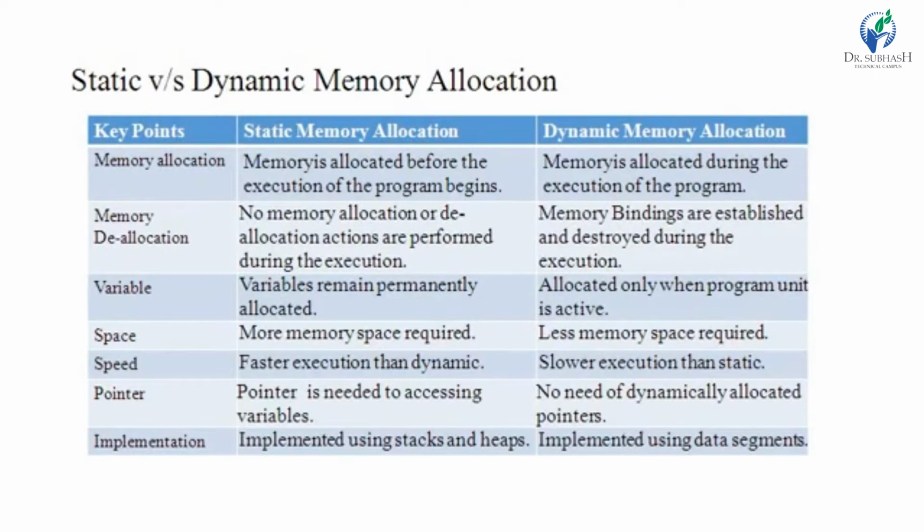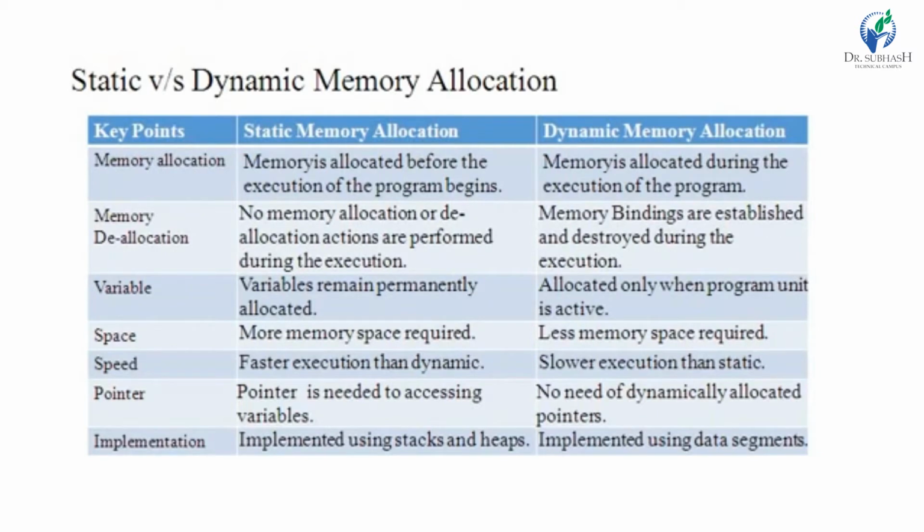According to speed, static memory allocation has faster execution than dynamic. So dynamic memory allocation is slower compared to static memory allocation. In static memory allocation, a pointer is needed for accessing variables, while in dynamic memory allocation, there is no need of any dynamically allocated pointers.